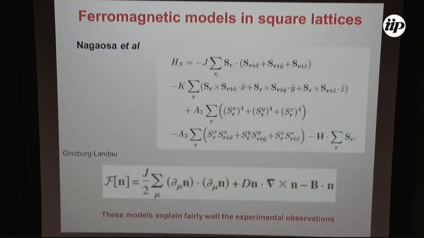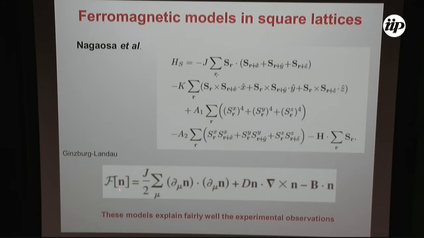This was studied by Nagaosa and collaborators, among others, and this is one of the papers where they looked at a microscopic Hamiltonian. This is just exchange on a cubic lattice, where S is coupled to the three neighbors. This is the Dzyaloshinskii-Moriya interaction, which has the vectors pointing in the direction of the bonds, and then some extra terms that are needed to stabilize these skyrmion lattice phases.